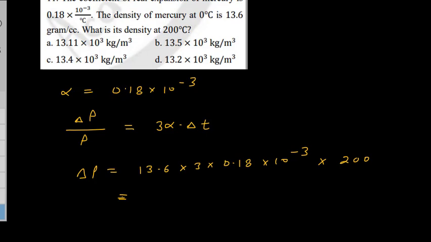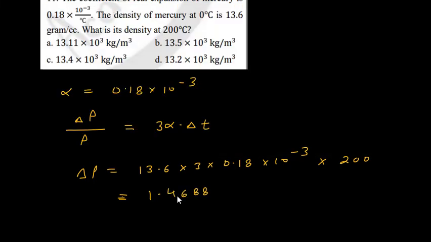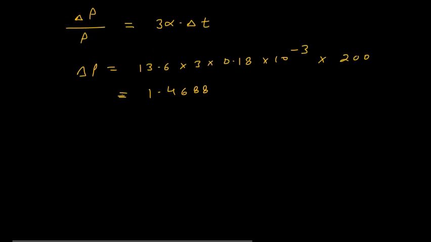Okay, so all these calculations will give us the answer delta rho as 1.4688. So your final density, rho final, is rho initial minus change in density delta rho.